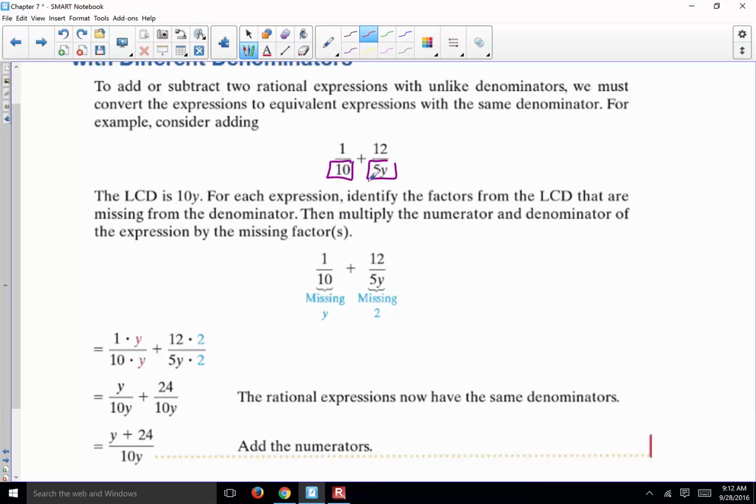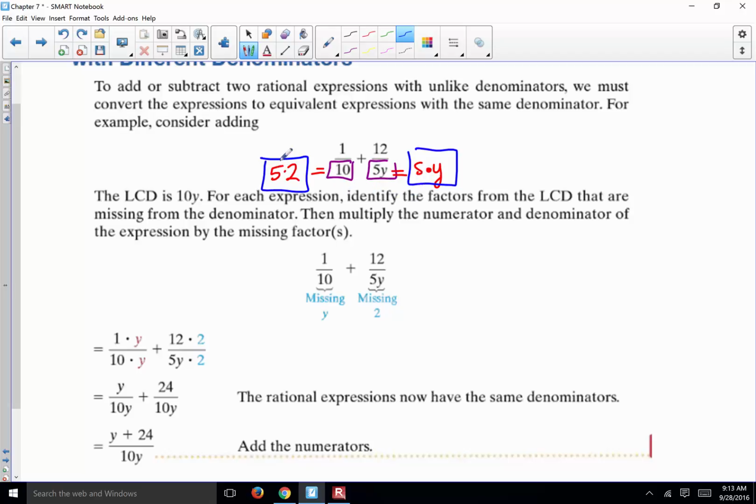They haven't done that here because they automatically saw what's missing on each side, but technically you need to break 10 as 5 and 2, and 5y is already 5 and y. You can't break them further, and see what's not matching on each side.